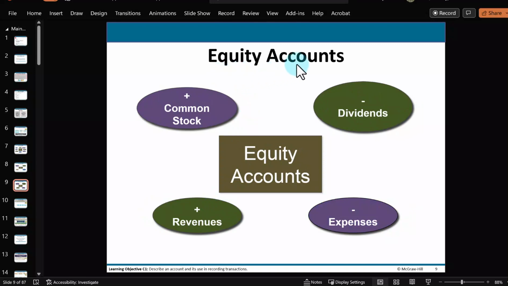Equity types, again, the true equity for a corporation would be common stock and dividend. And really, another type would be revenue and expense types. But now notice the minus here and the minus here. If you increase the amount of dividends, if you increase the amount of expenses at the same time, because of the minus and minus here, you're decreasing this equity section of the accounting equation.